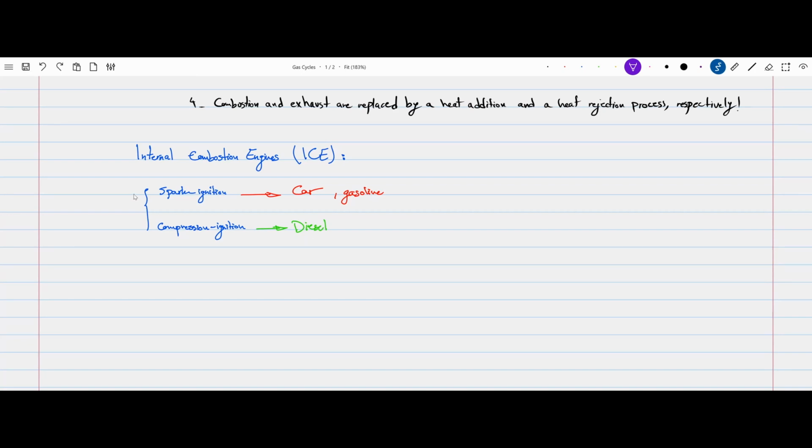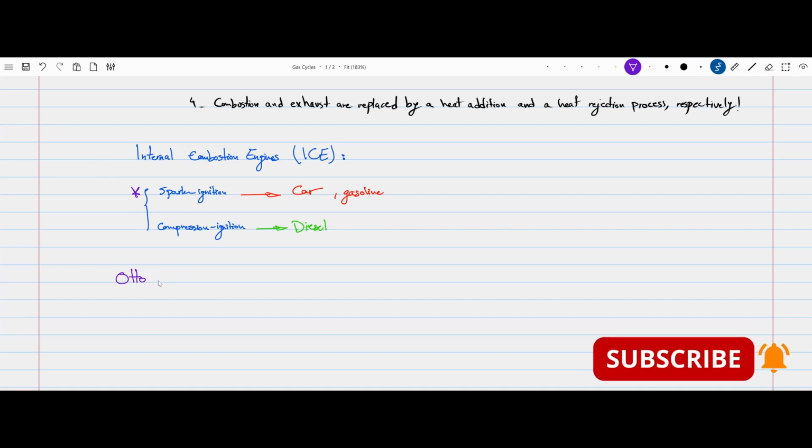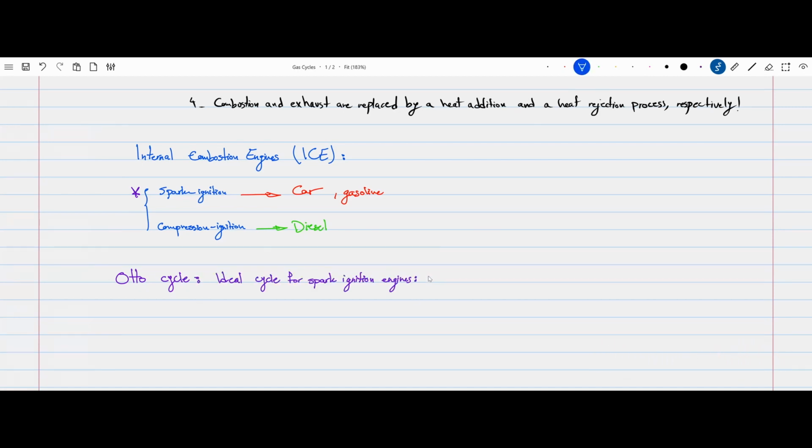Okay, with that said, let's start talking about spark ignition engines. The cycle that governs the spark ignition engine is called the Otto cycle. Now, here I want to emphasize that in this video, we are going to focus on a four-stroke engine and not a two-stroke engine.